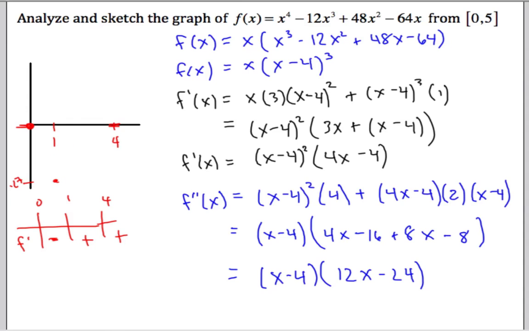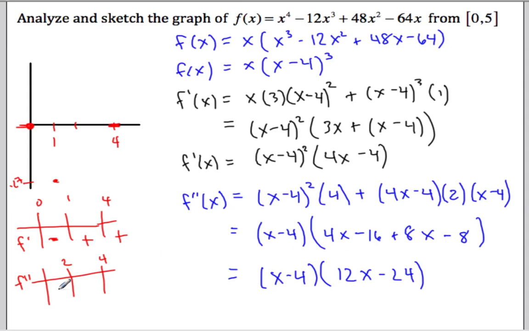Okay, let's do some f double prime stuff here. The f double prime is equal to 0 at 4, right here, and it's also equal to 0 at 2. So f double prime, 2 and 4. If I plug in 1, that's negative right here, and also negative.